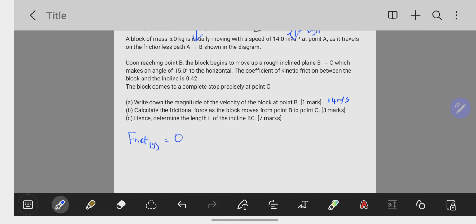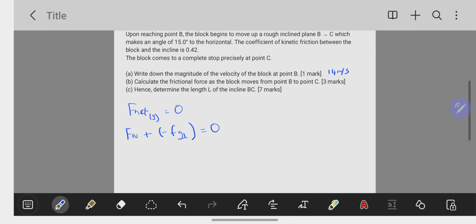There's no acceleration in that axis. And what are those forces in the y? It's basically the normal force plus the negative FG perpendicular, which gives us 0. Now when I take the FG perpendicular to the other side, it becomes positive. So normal force is equal to the FG perpendicular.